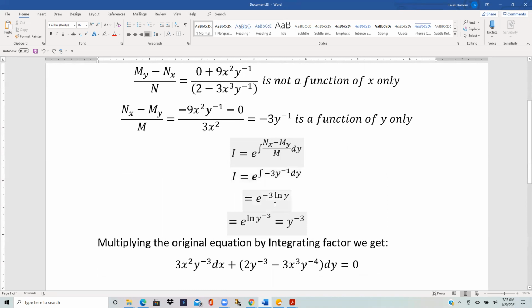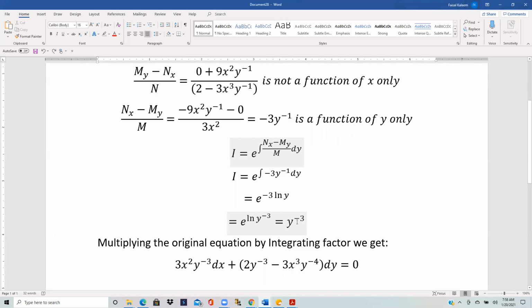And then you raise e to this power, so that there is nothing in between the e and the ln. So e to the negative 3 ln y becomes y to the negative 3. So that's the integrating factor.